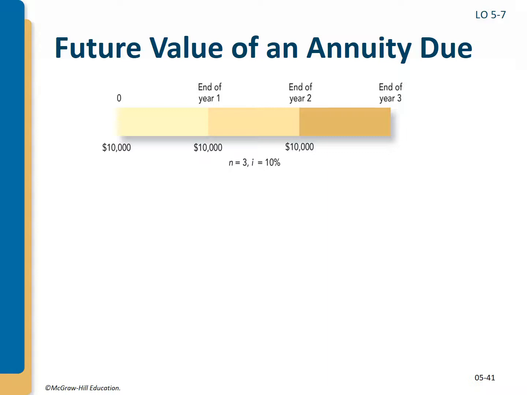There's a table. So we want to know, if she starts making the payments at the beginning of each year, what's the future amount that will accrue or be in that fund? 10% interest. Future value of an annuity due is table P5. 10%, 3 periods.